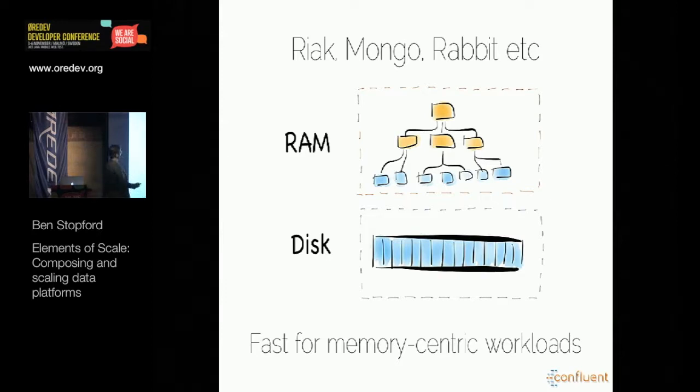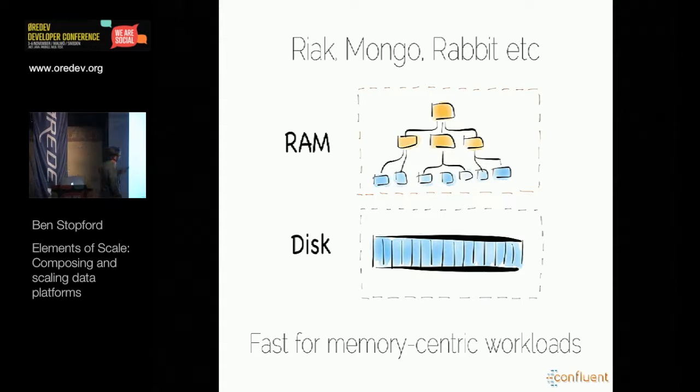So lots of other technologies use the index route, right? So just putting the indexes into memory. Riak, MongoDB, Rabbit. A lot of these use this approach simply because it is a very good approach to take. But remember, it will be limited if the indexes end up overflowing onto disk.